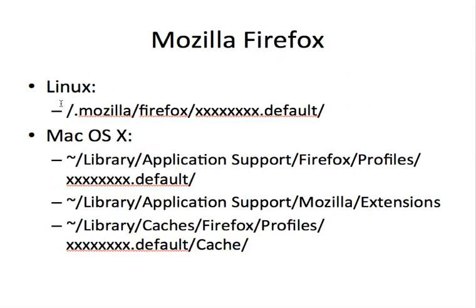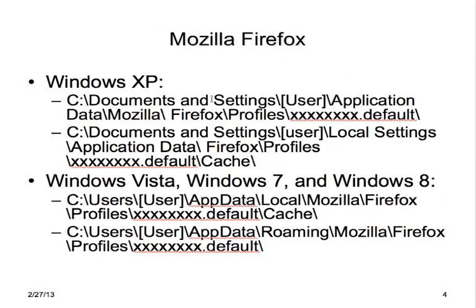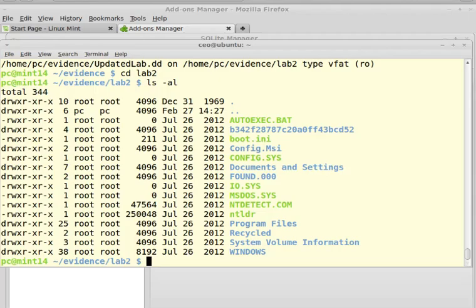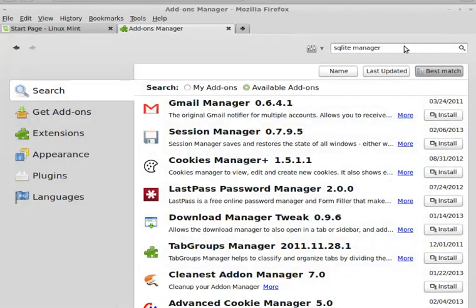So, one more. There we go. So what we want to do is go here and copy off that default profile, which would also give us our SQLite database files. And we want to keep that open.